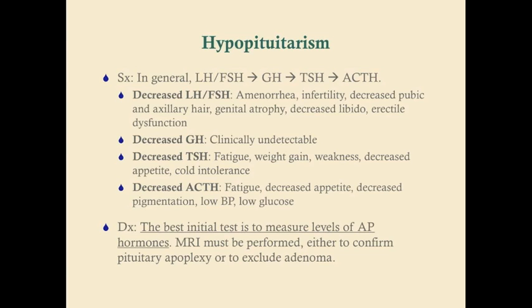So even in a woman where we're suspecting Sheehan syndrome, we should get an MRI to exclude adenoma. Generally, we're going to know that the most likely diagnosis is Sheehan syndrome, but we get the MRI to exclude adenoma. So always get an MRI in any patient with hypopituitarism to exclude adenoma, but MRI is diagnostic for pituitary apoplexy.